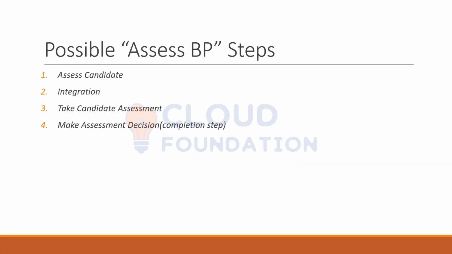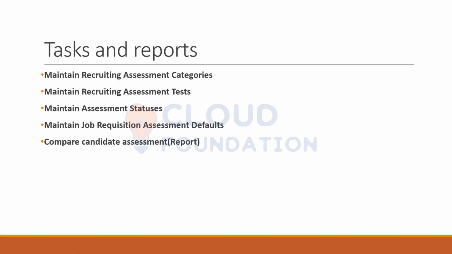Possible assess BP steps which are generally included are assess candidate, integration, take candidate assessment, make assessment decisions. Tasks and reports discussed are recruiting categories, test, then status we define, then assessment defaults. We attach a particular requisition with a particular test. This is a very important report, compare candidate assessment report.